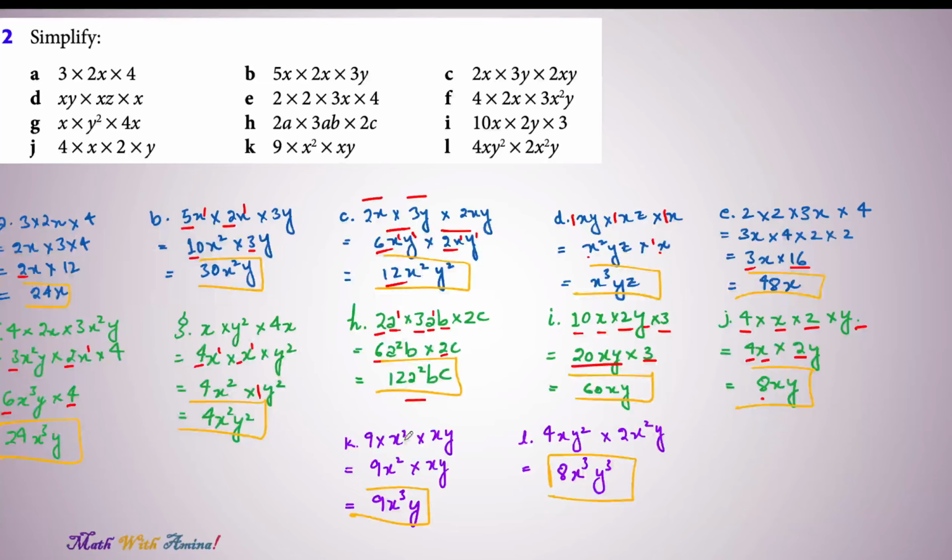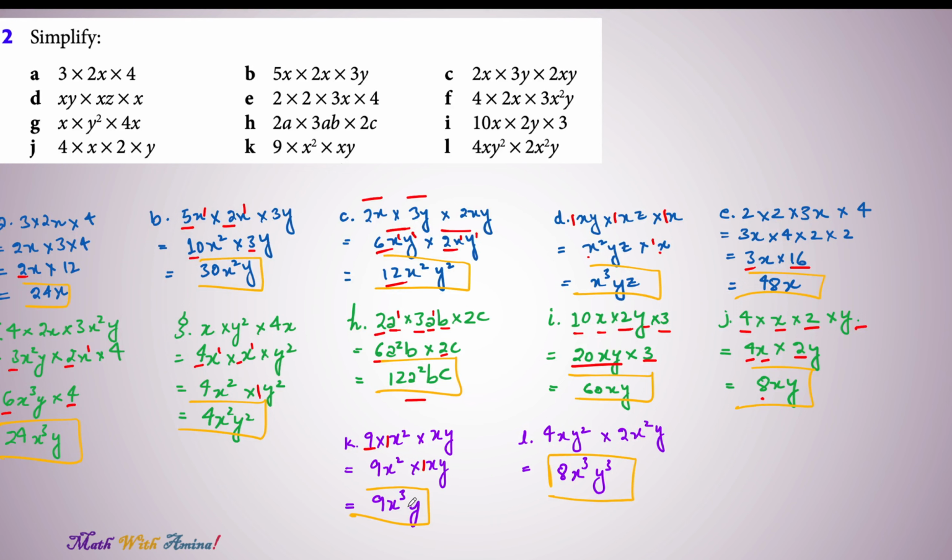9 multiplied by x squared multiplied by xy, so 9 being a constant getting multiplied with x squared, which has a coefficient of 1, so it would become 9x squared. Then 9x squared getting multiplied with xy, so in here the coefficient of xy is 1, 9 multiplied by 1 is equal to 9, x squared multiplied by x is equal to x cubed, and x squared multiplied by y would be y itself.